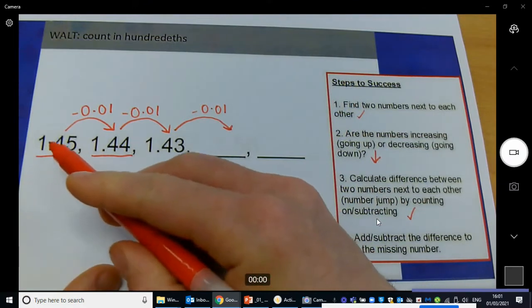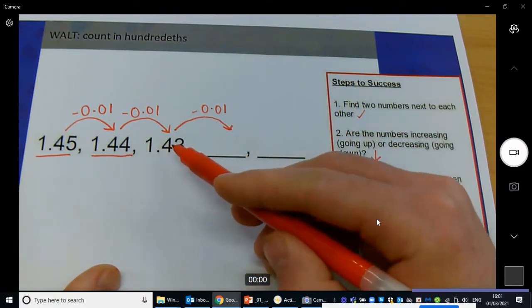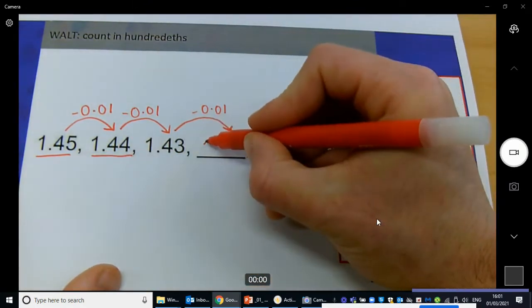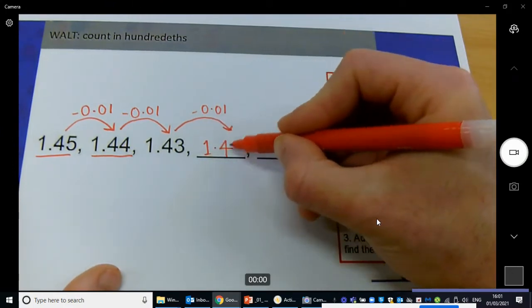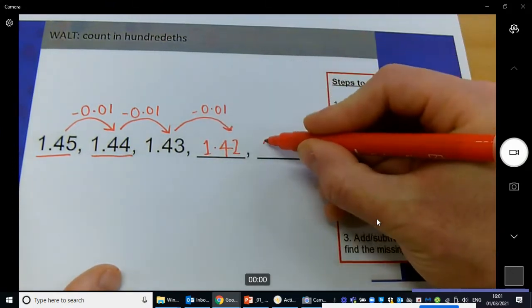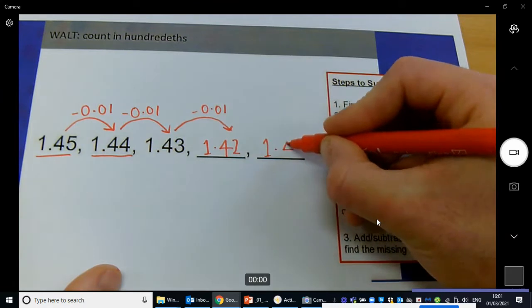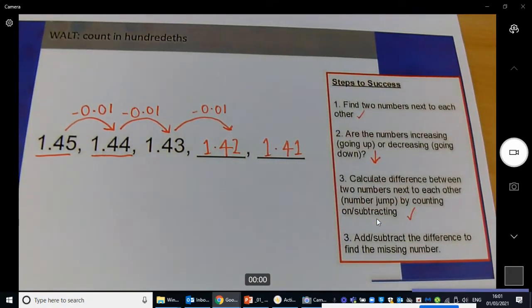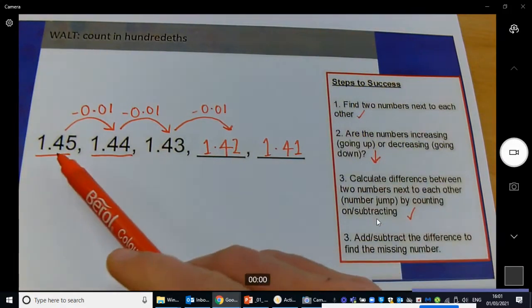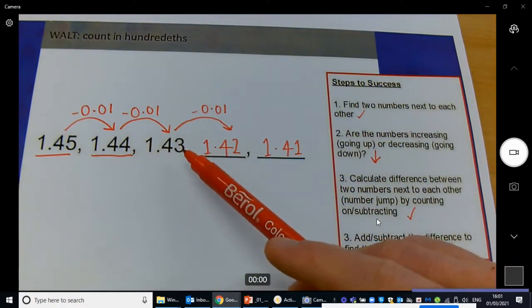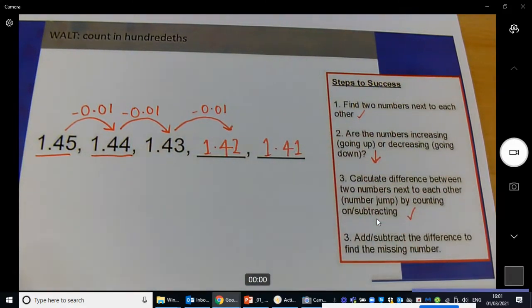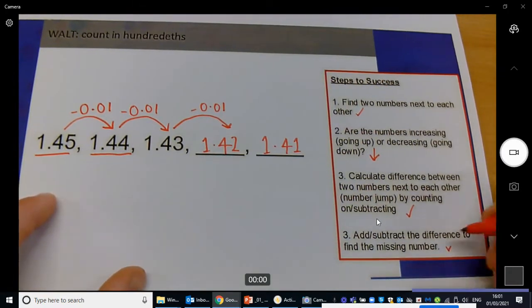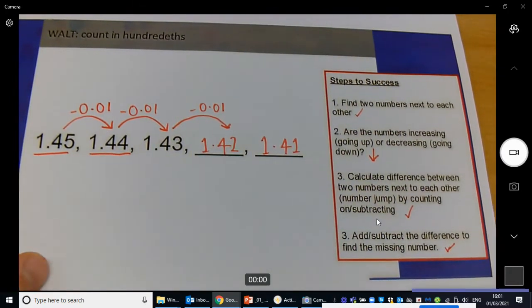So from 1.45, 1.44, 1.43, 1.42, and finally 1.41. And always worth checking to make sure that it makes sense. 1.45, 44, 43, 42, 41. Excellent. So we have now got the missing numbers and completed our steps to success.